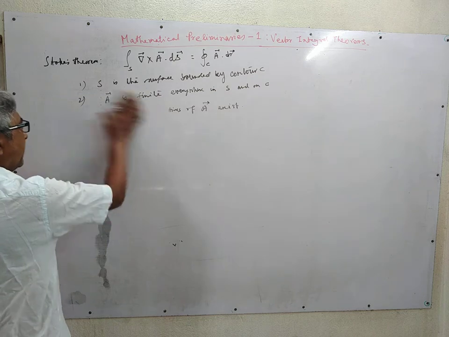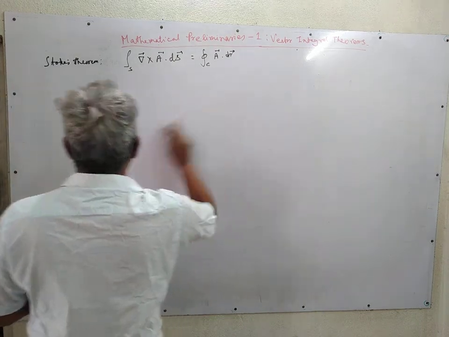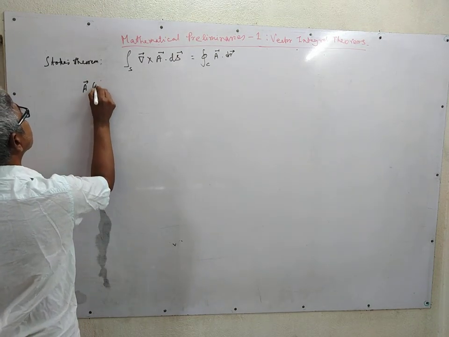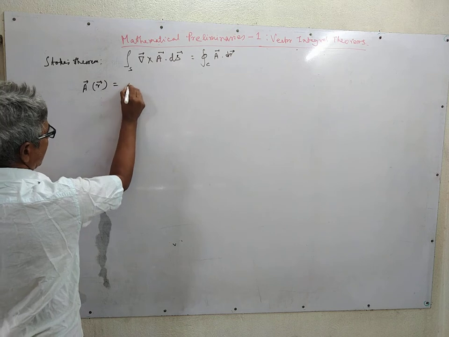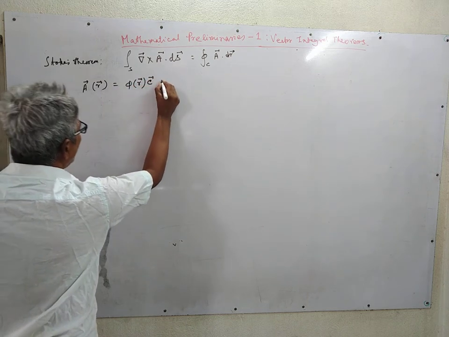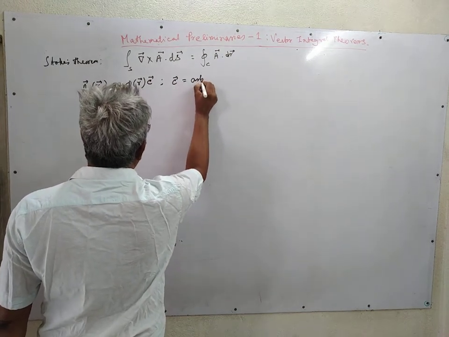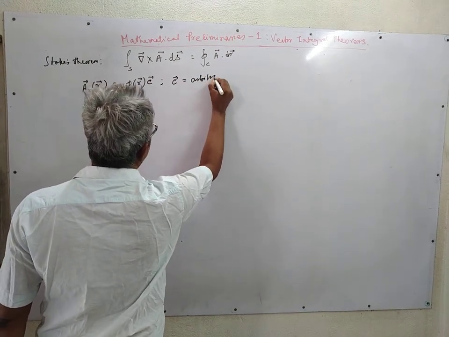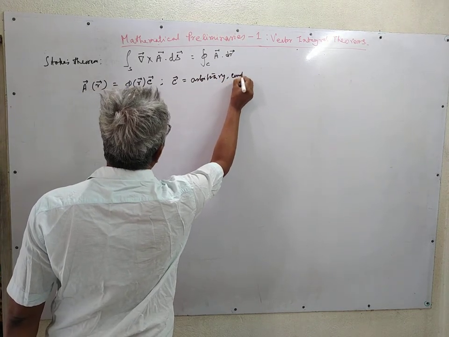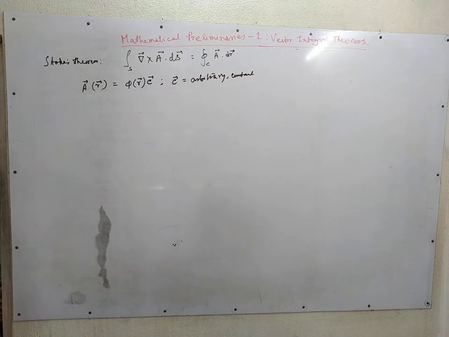As an example, let us consider a case where the vector field A is written as some scalar point function phi of r times a vector C, where C is an arbitrary constant vector.